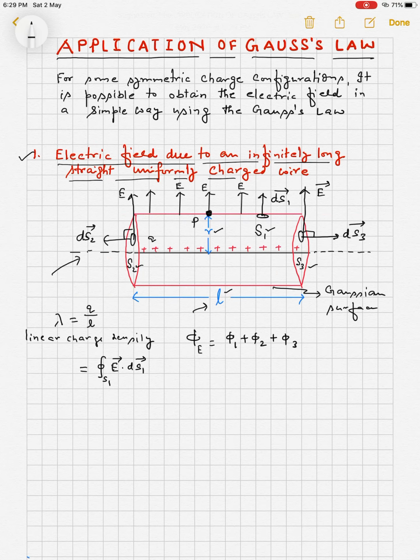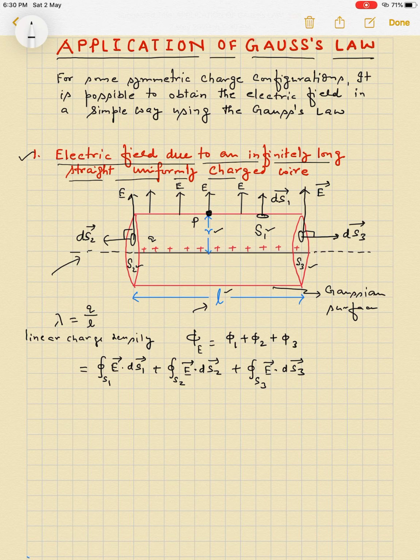Because it is a symmetric case, E is everywhere the same. For the second surface S2, it is integration of E dot ds2, plus integration over the surface S3 of E dot ds3.